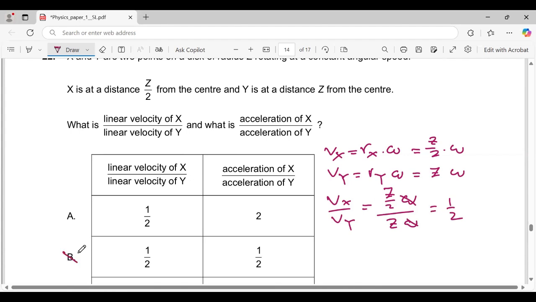So this is B. Yeah. Linear velocity of X over linear velocity of Y, and as well accelerations, you can use this rule.